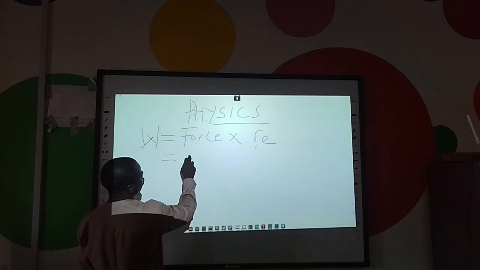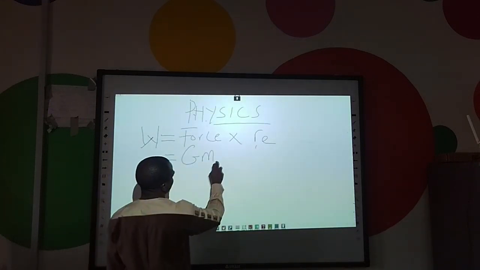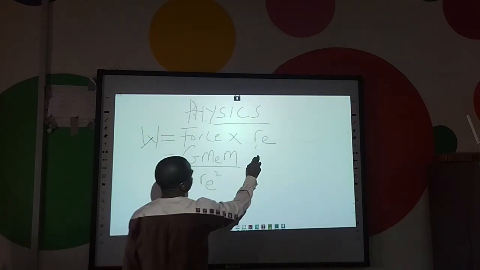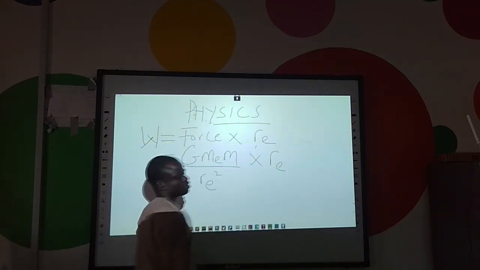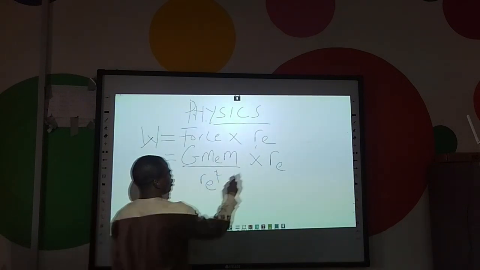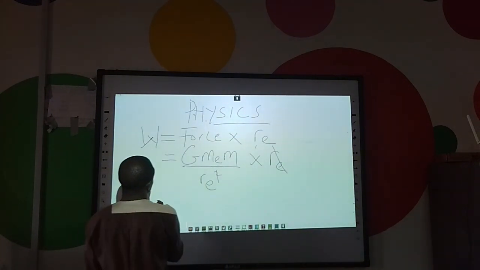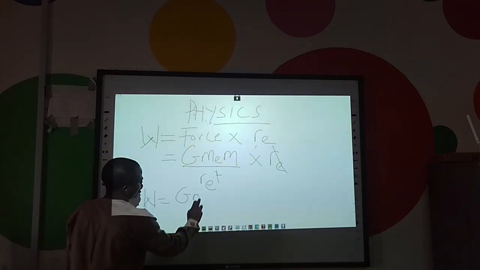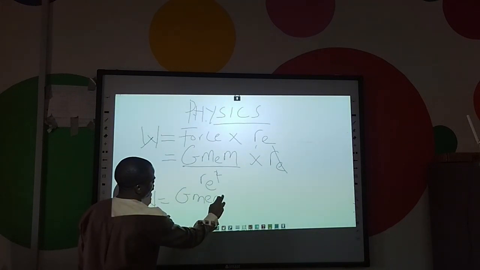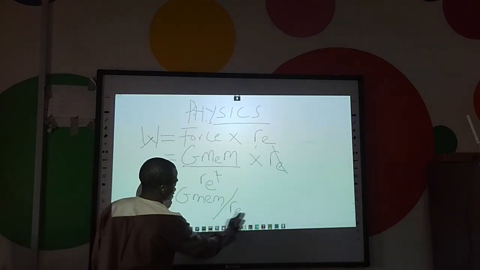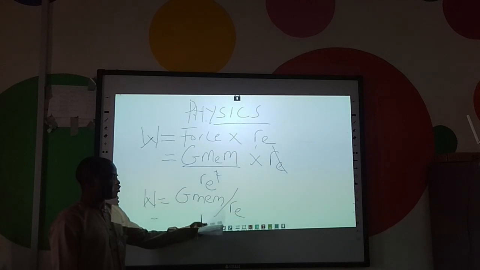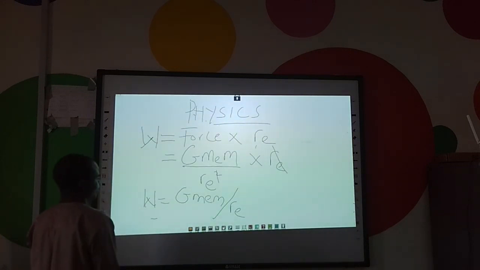You replace your force with G M E m over R E squared, times the radius of the Earth, and one of the radius cancels. You now have your work to be G M E m over R E. Take note, let it be at the back of your mind that work is the gravitational constant multiplied by the mass of the Earth multiplied by the mass of the object over R E.